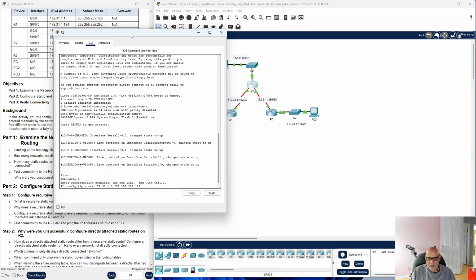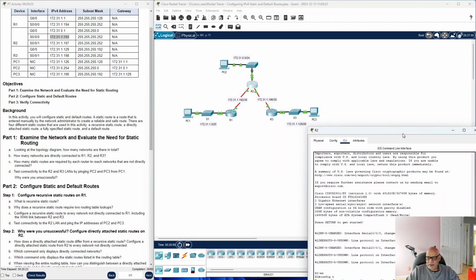Now, how do we get there? If PC2 wants to access PC1, the packet will go to R2, and from R2 it will go to R1. R1 is connected to R2 with serial ports.